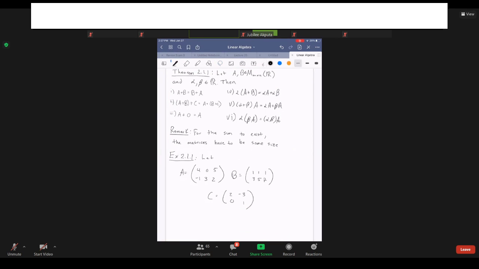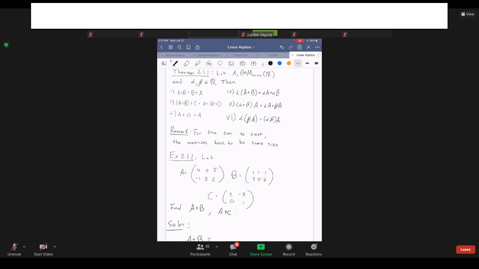Okay. So find A plus B and A plus C. So solution, first, what is A plus B? First check, do they have the same size? Yes, right? A is a 2 by 3 and B is a 2 by 3, so you can add them.